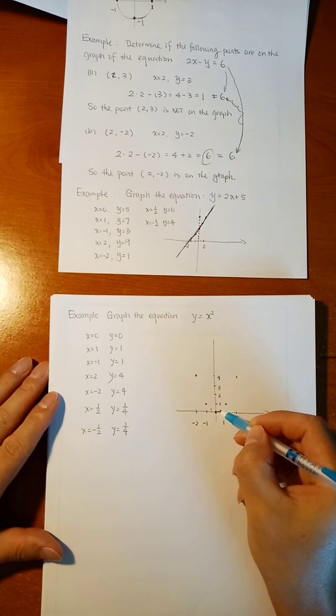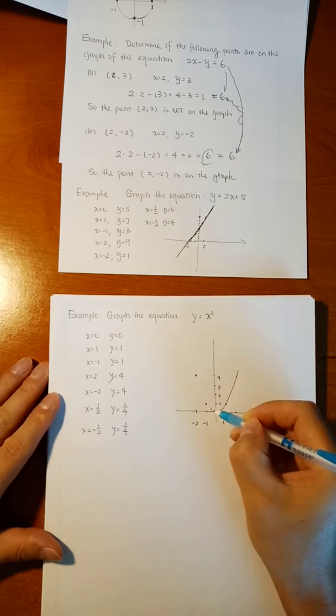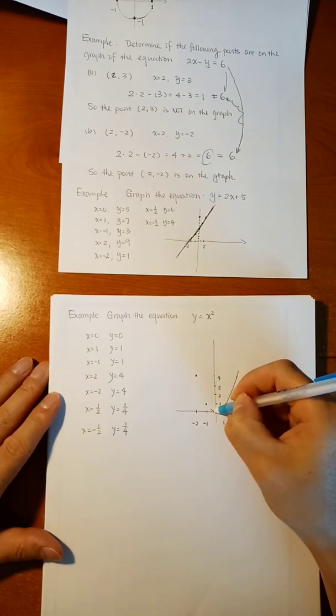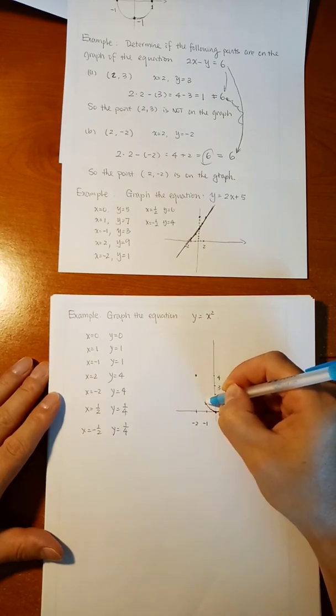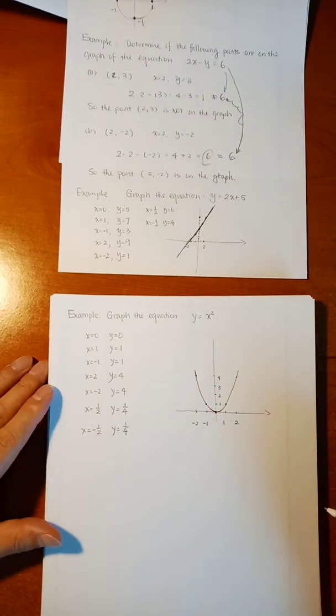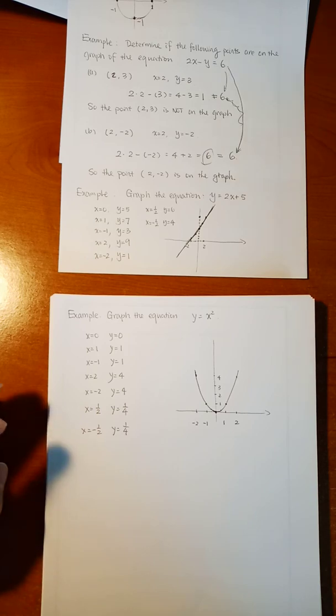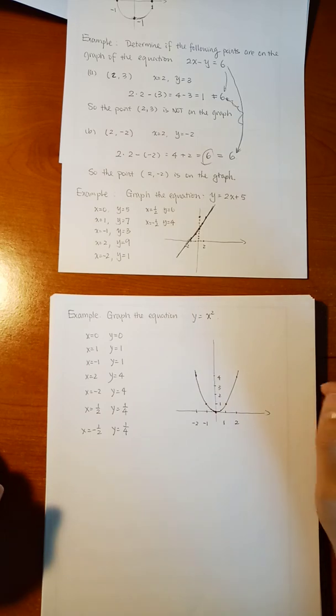After you get more sample points, you will see the graph is really like the V shape, but it's not connected by the straight segment. It's a little bit curved. So this is the graph y equal to x squared based on plotting. Okay, this is the graph.